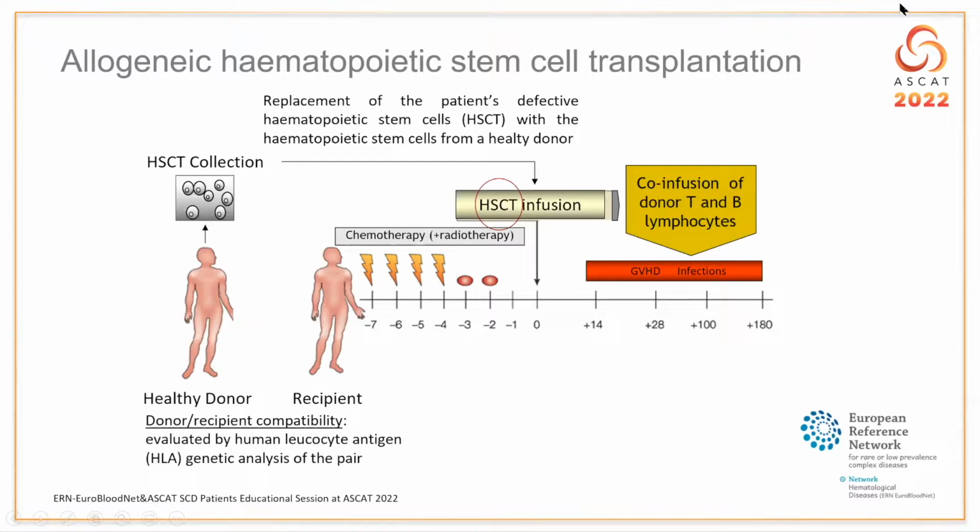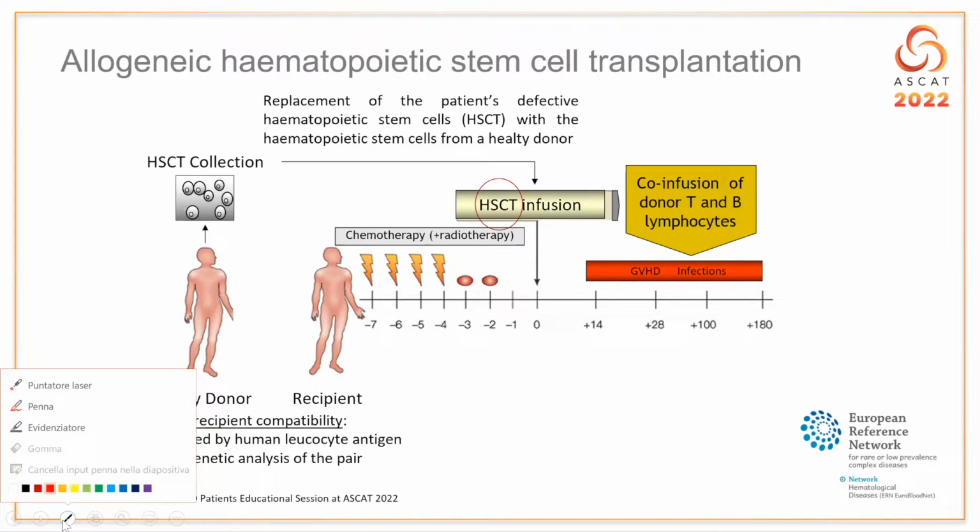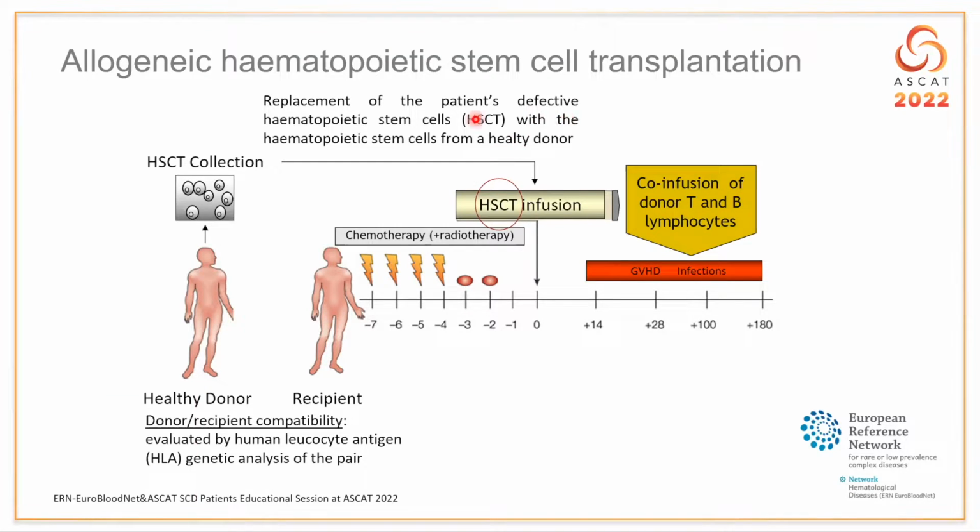So as we know, an allogeneic stem cell transplantation is a quite complex procedure. I have tried to summarize it in this slide, and the aim of an allogeneic hematopoietic stem cell transplantation is the replacement of the patient's defective hematopoietic cells with healthy hematopoietic cells from a healthy donor.